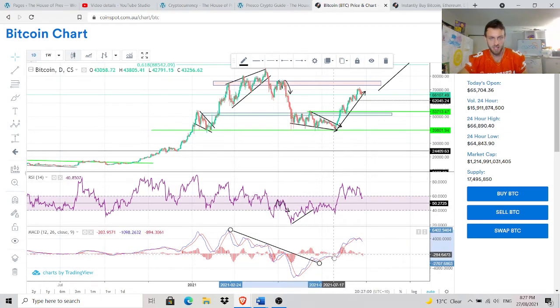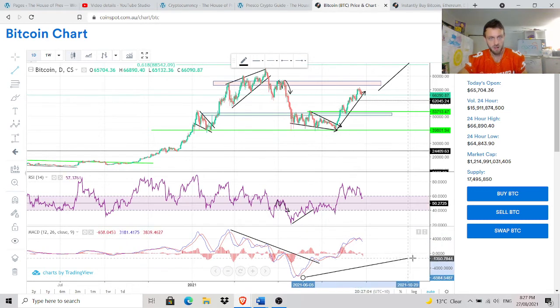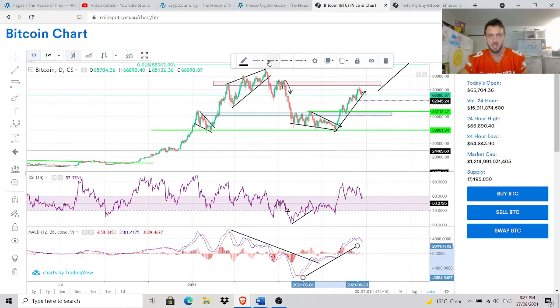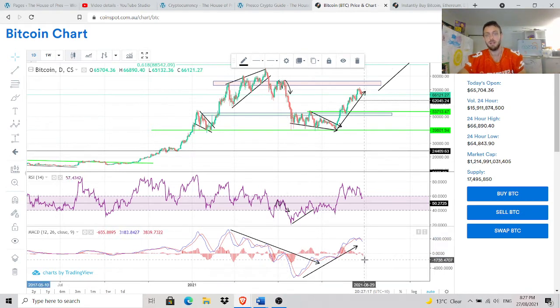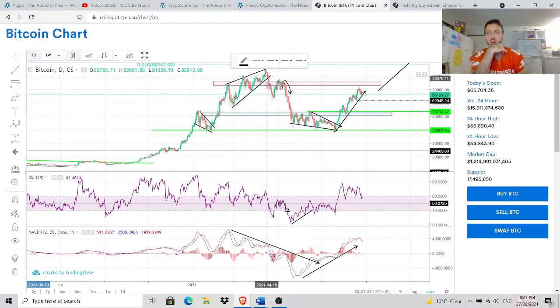And then once the MACD crossed up above the zero, above the neutral line, we can see that we indeed had bullish momentum and price went up. You see that? We even followed the RSI. In the RSI, we had divergence too. Price was making higher highs, but RSI was making lower highs.